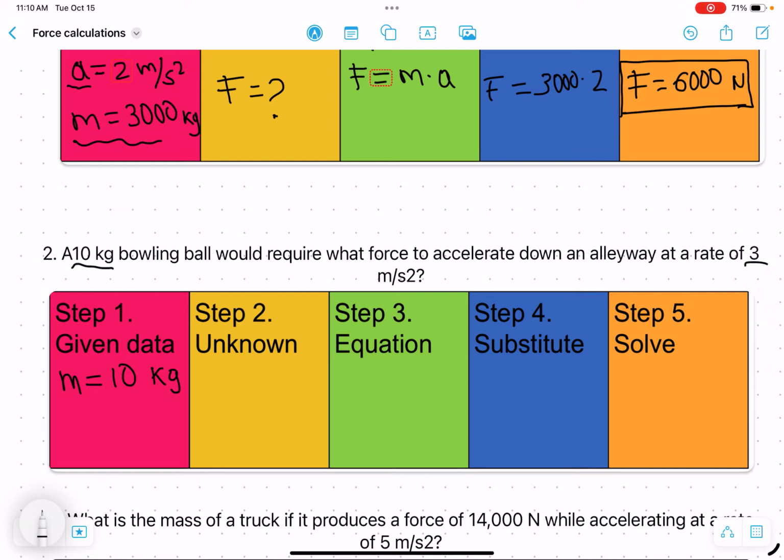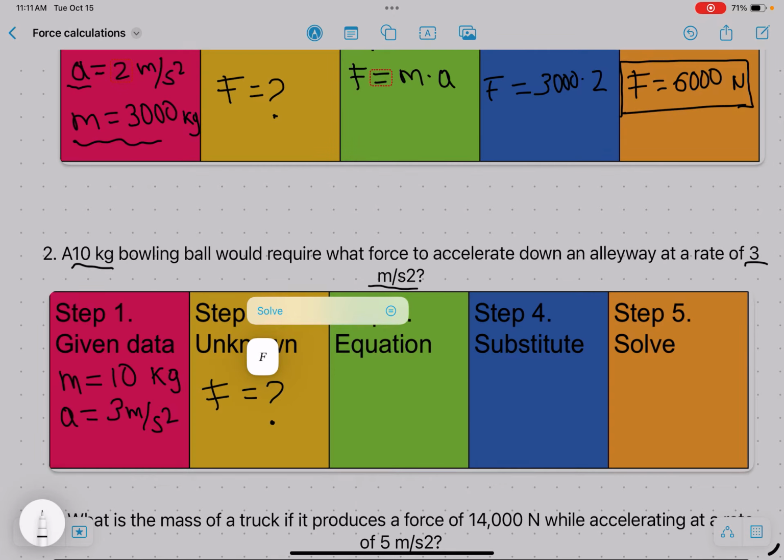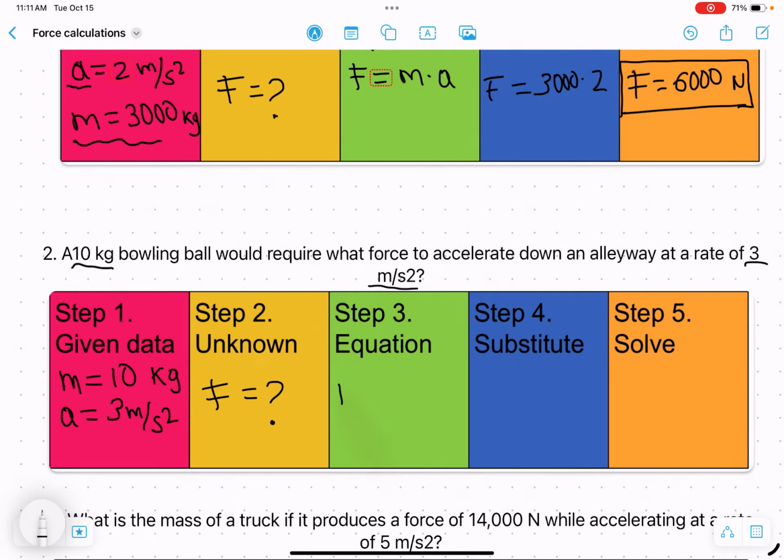What other number do you have? 3 meters per second square, which is an acceleration. So A equals 3 meters per second square. And what are you looking for? Force. So F equals unknown. The equation is force equals mass times acceleration.